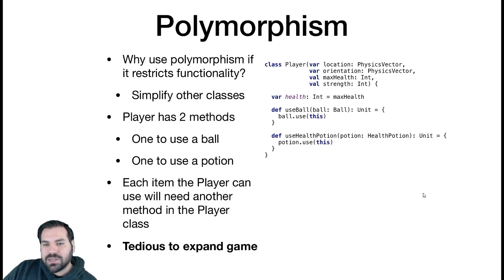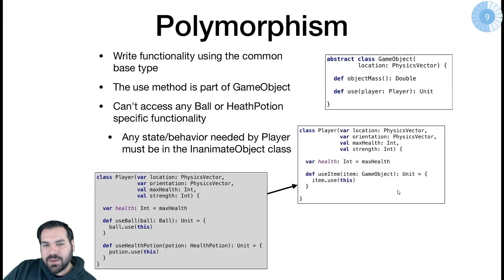And to do that, we're going to modify our player class. Collapse these down into one method, and just change this to a useItem method, which takes a game object. So we can store objects in variables of any of its super types.